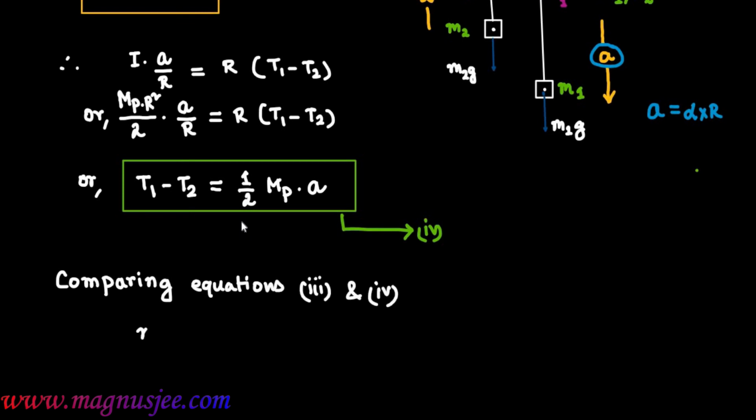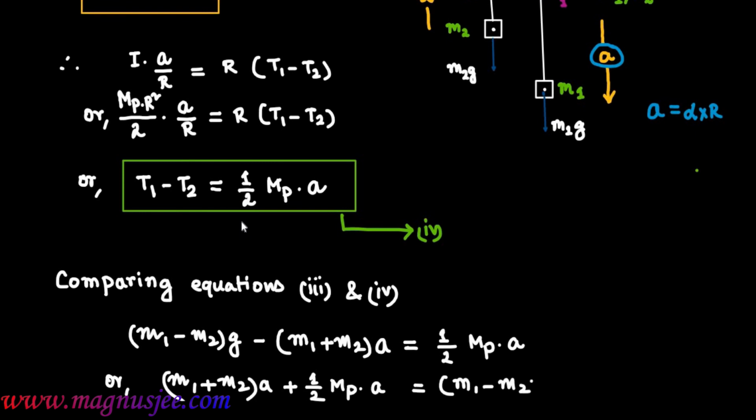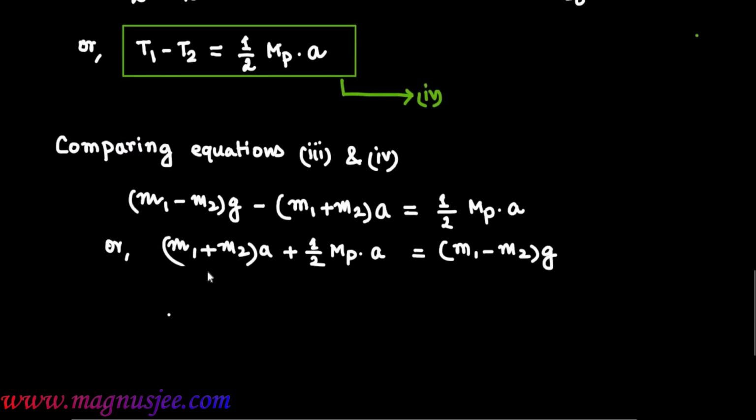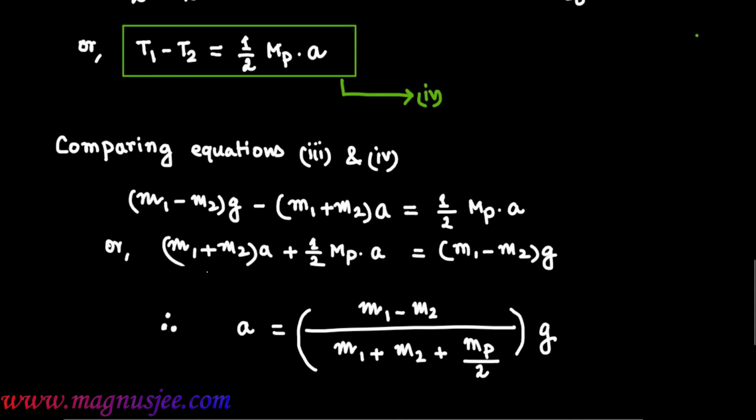Comparing equations 3 and 4, we get (m1 minus m2) g minus (m1 plus m2) a equals 1 by 2 Mp a. Therefore, (m1 plus m2) a plus 1 by 2 Mp a equals (m1 minus m2) g. Therefore, a equals (m1 minus m2) divided by (m1 plus m2 plus Mp divided by 2), times g.